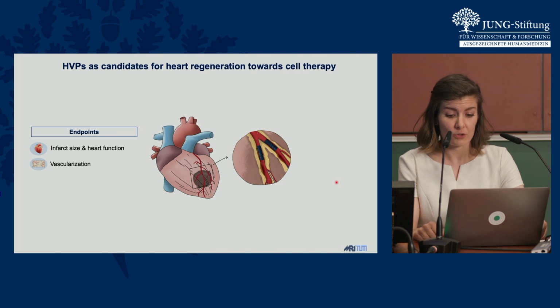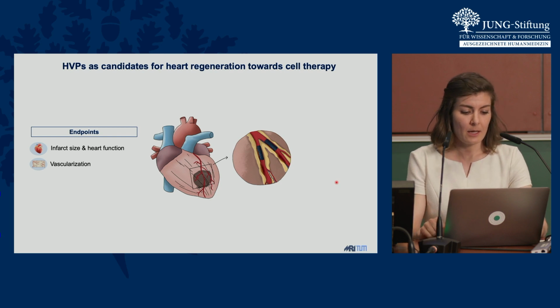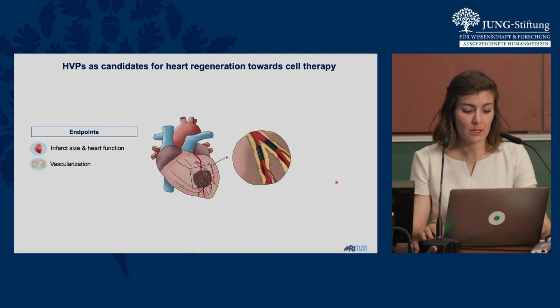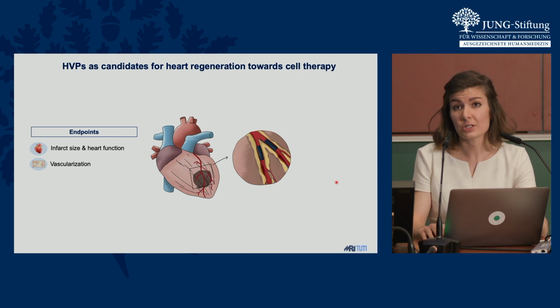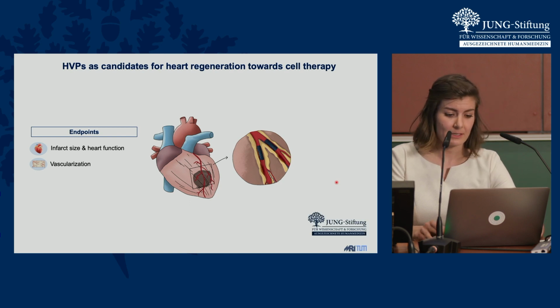candidate for heart regeneration. And if you think of streaming them towards cell therapy, there are some endpoints that we already have seen, because they reduce infarct size and preserve heart function, and they form vascularized grafts.